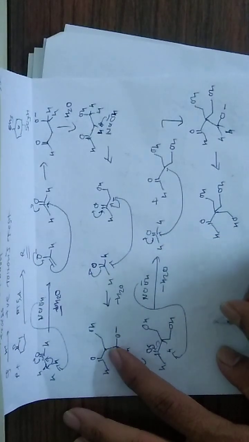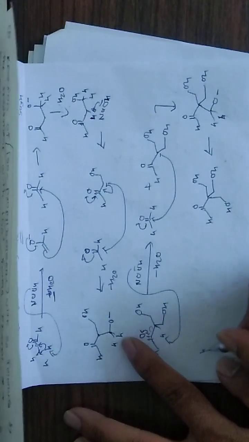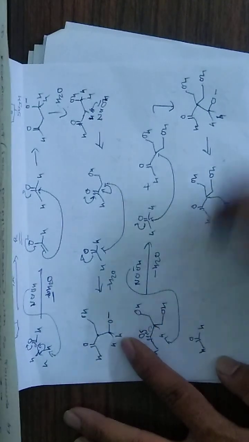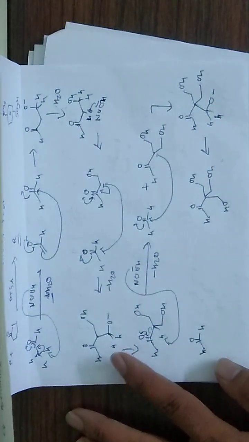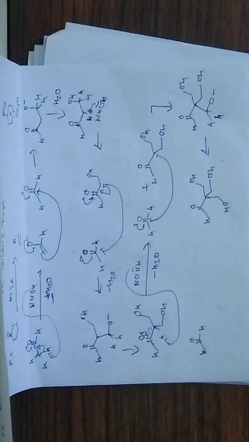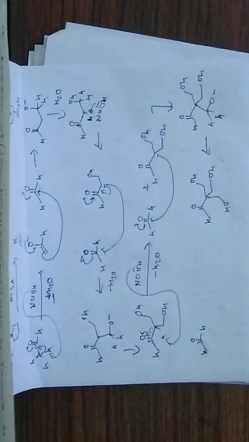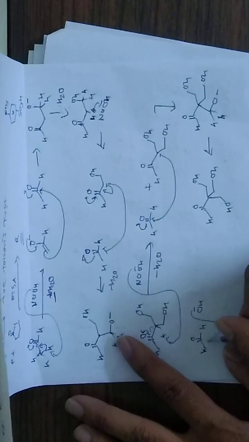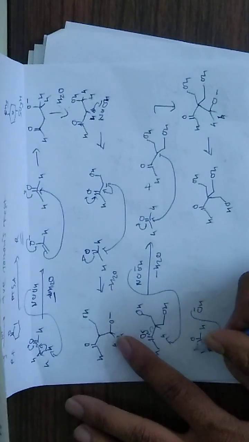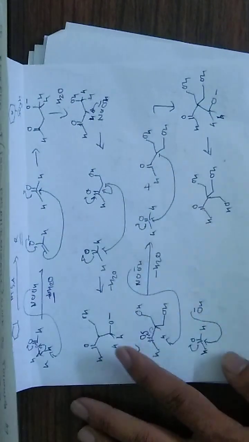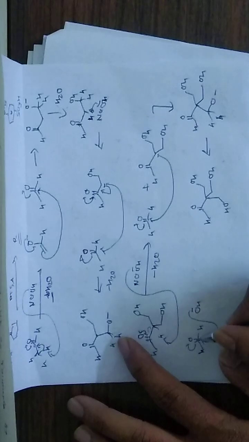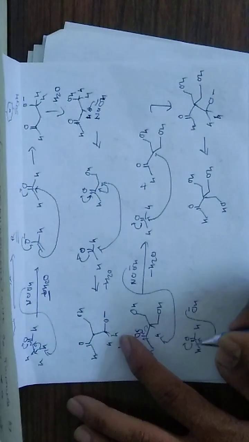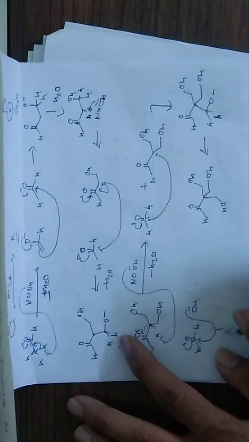Formaldehyde is in excess, and base is also there as a catalyst, and it again produces OH minus from the base. It will attack, and since there is no alpha hydrogen, a Cannizzaro reaction happens.